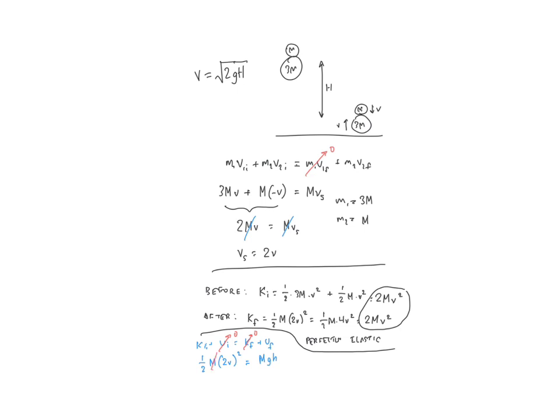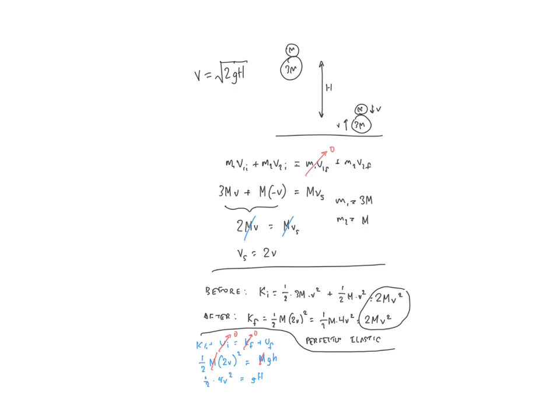We have an m on both sides, which cancels out. And we have 1/2 times 2v squared. The 2 and the v both get squared. That gives you 1/2 times 4v squared is equal to g h.